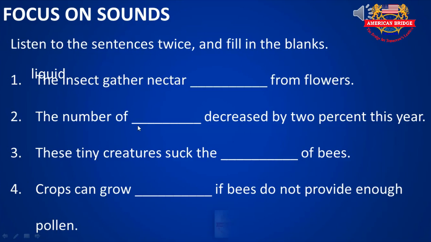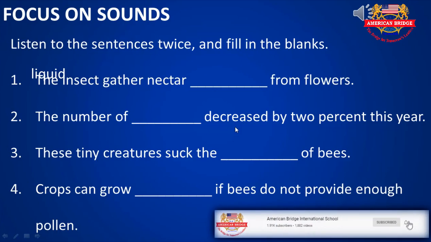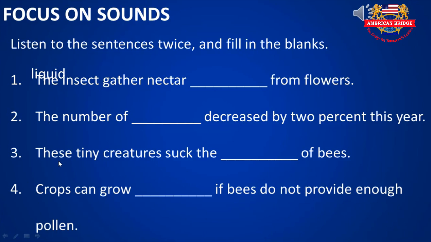The number of decreased by 2% this year. This tiny creature sucks the bees. And number 4, crops can grow if bees do not provide enough pollen. After you hear from the listening, you try to fill in your notebook by yourself as well, everyone. And now let's start, everyone.